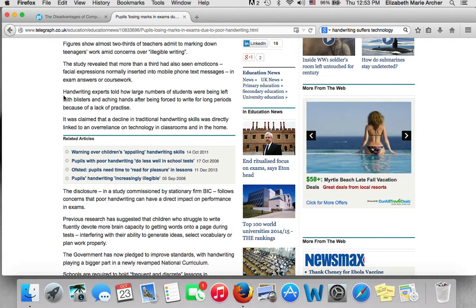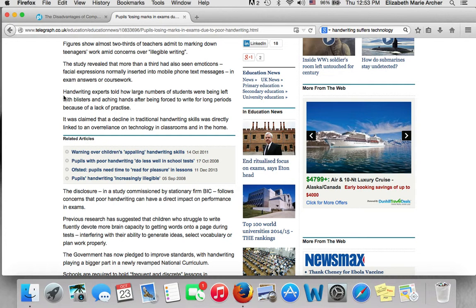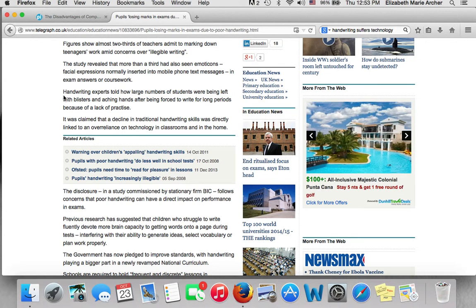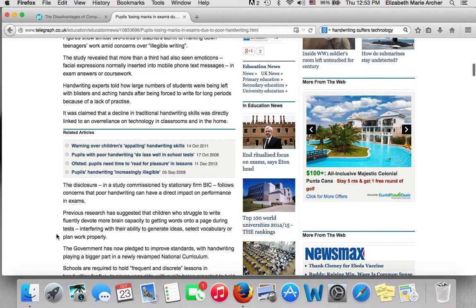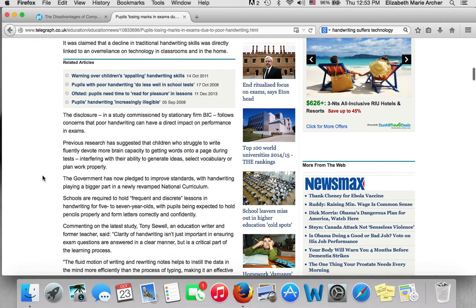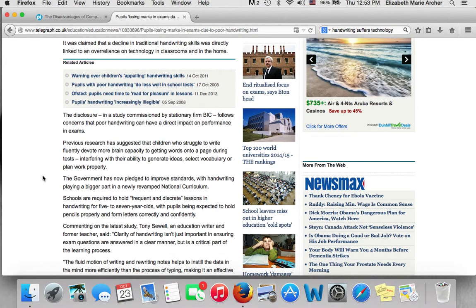A disclosure in a study commissioned by stationery firm Big Follows concerns that poor handwriting can have a direct impact on performance in exams. Okay, where's the study? Previous research has suggested that children who struggle to write fluently devote more brain capacity to getting words onto a page during tests, interfering with their ability to generate ideas, select vocabulary, or plan work properly.